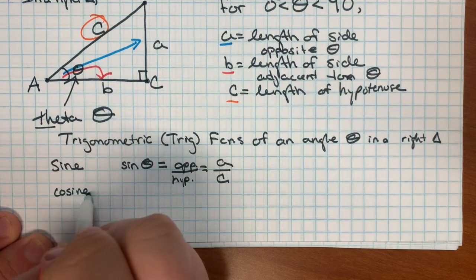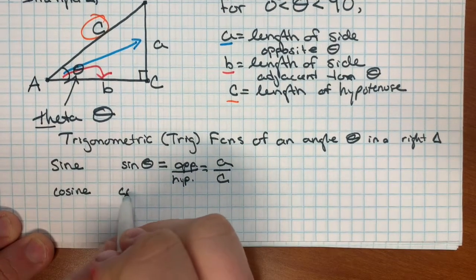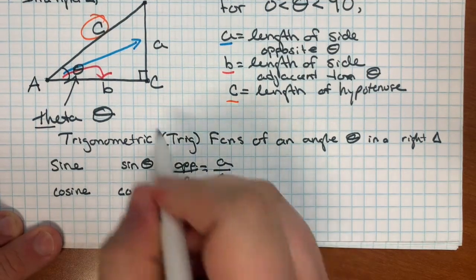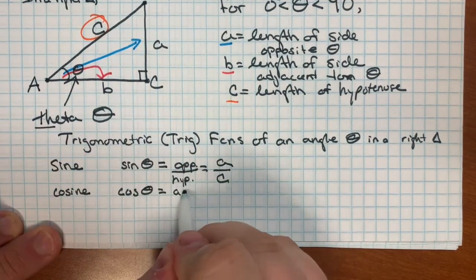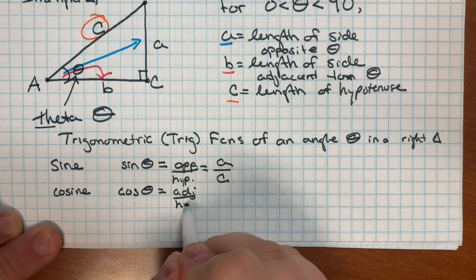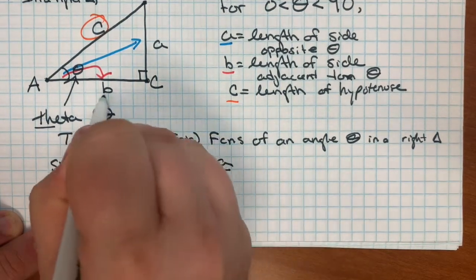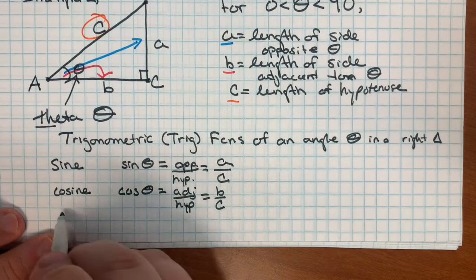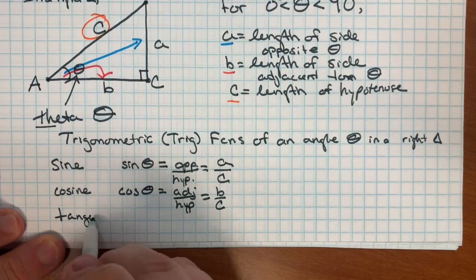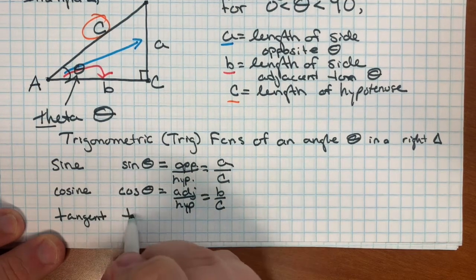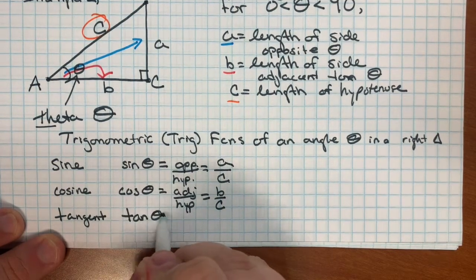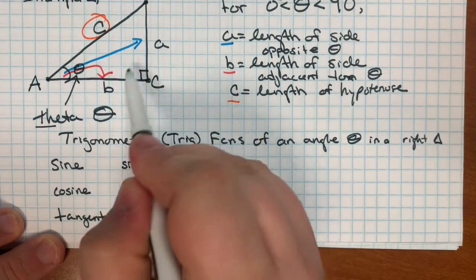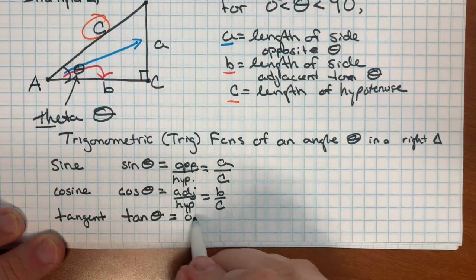Cosine, abbreviated COS of theta, is our adjacent side over our hypotenuse. So that means we have B over C. And our tangent, abbreviated TAN of theta, is our opposite side over our adjacent side.